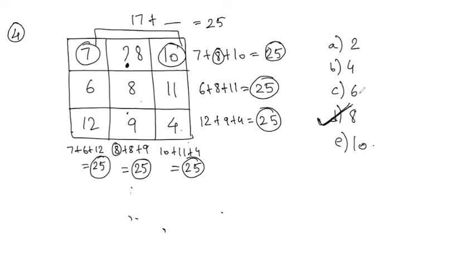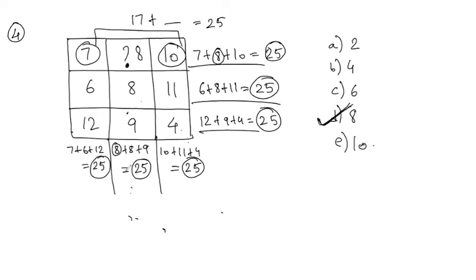Did everyone understand how to do this? Yes, ma'am. Okay. So simple. In square questions, what is the first step? Addition of numbers in rows and columns. So for each row and each column, you should add all the numbers, and then a relation will be there.